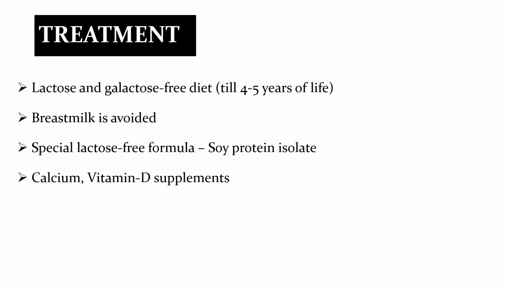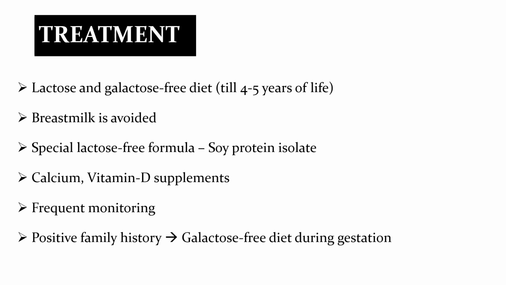Calcium and vitamin D supplements should be given. Frequent monitoring should be done, and we should watch for symptoms. If there is a positive family history, a galactose free diet is suggested to the mother during pregnancy itself.